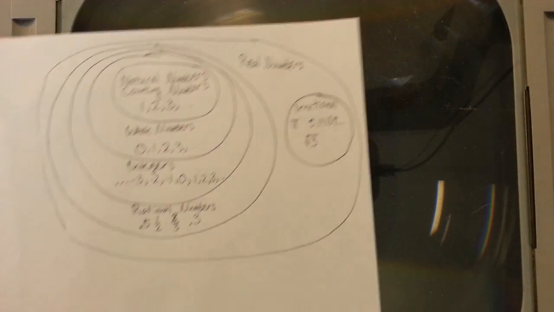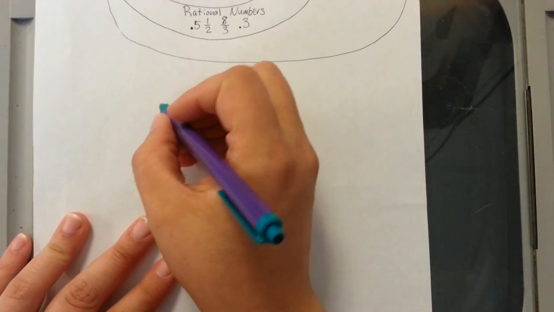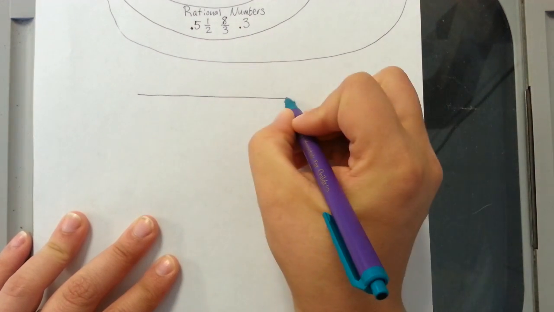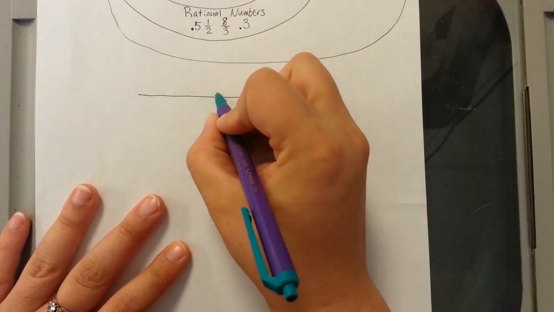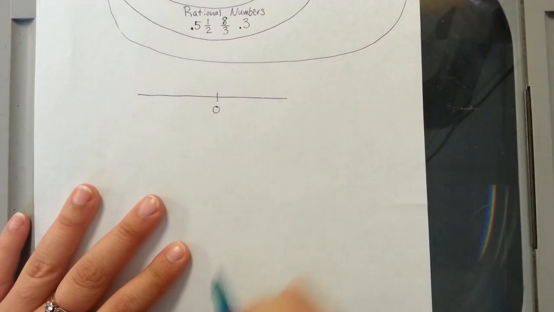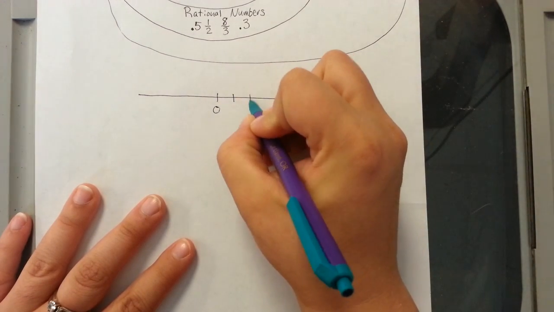We'll also be revisiting how to do a number line. To draw a number line, you start with a line, and then often I'll put 0 in the middle. And then you have to count off by something.